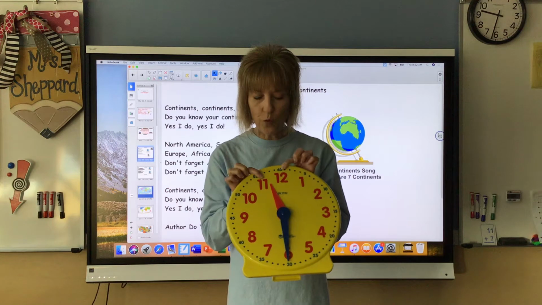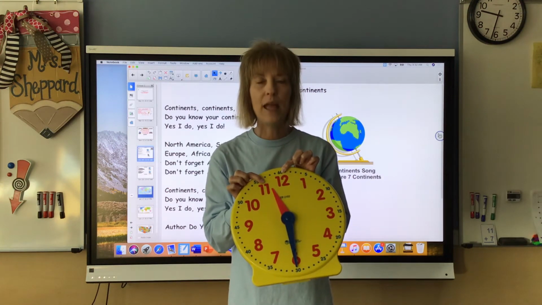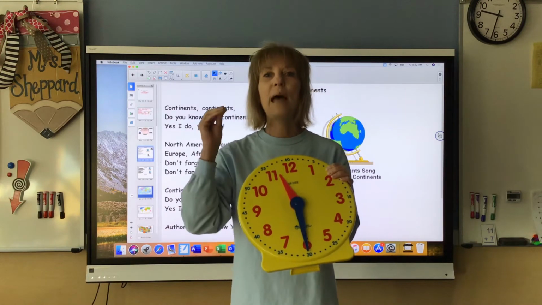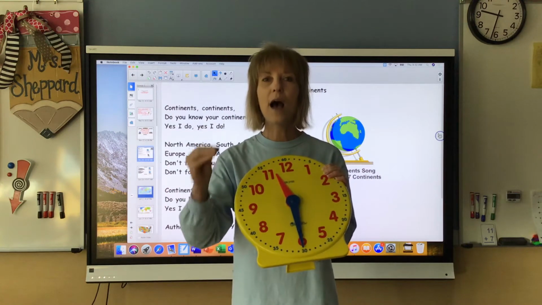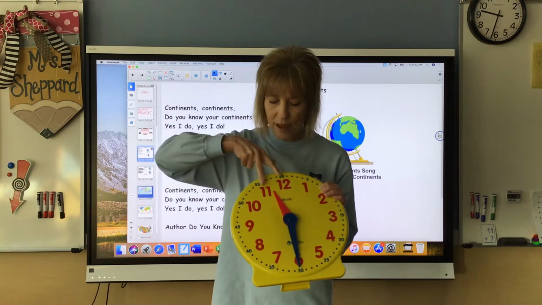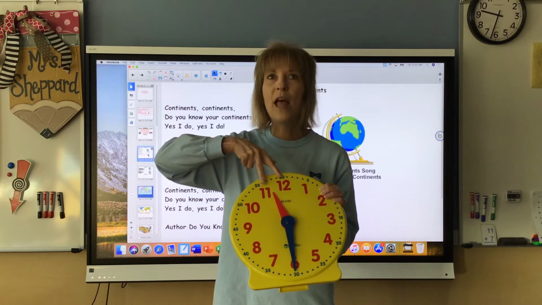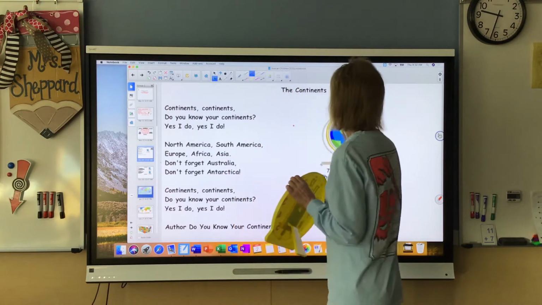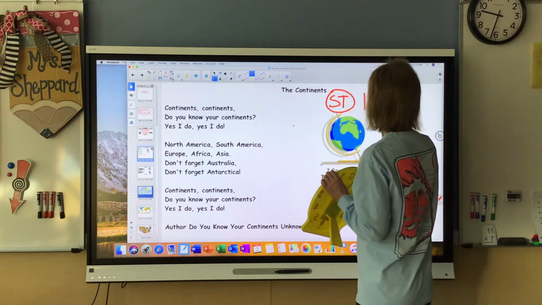I notice my shorthand is between the 11 and 12. Now, if my shorthand is between the 11 and 12, that means it's after 11 o'clock, not yet 12. And that means my hour for my start time, which I'm going to write ST, my hour is 11.